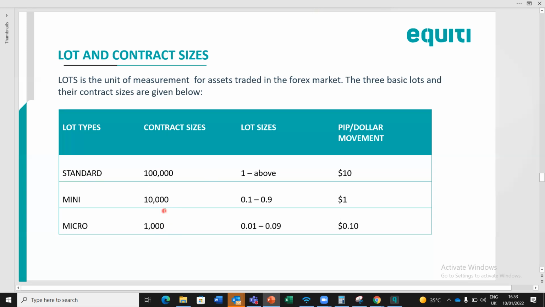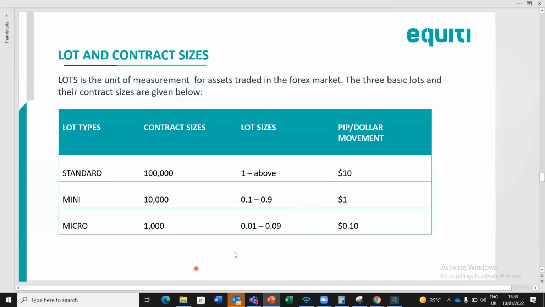So, for instance, if you want to trade just 1,000 units of a particular asset, what you should give your broker is 0.01. Once you input 0.01, your broker understands you want to trade 1,000 units by volume of that asset. And if you input 0.03, your broker understands that you want to trade 3,000 units of that particular asset.